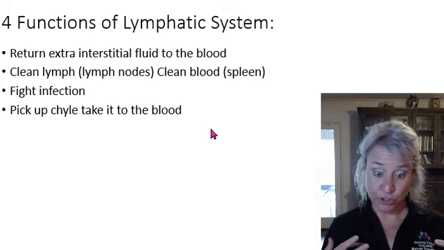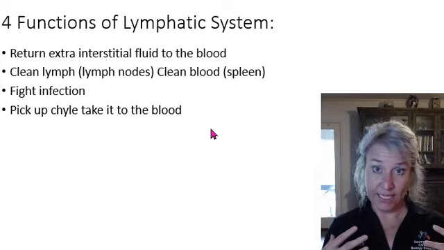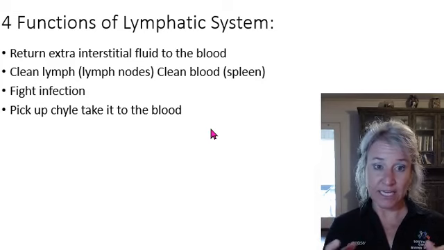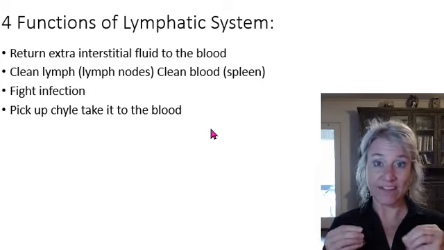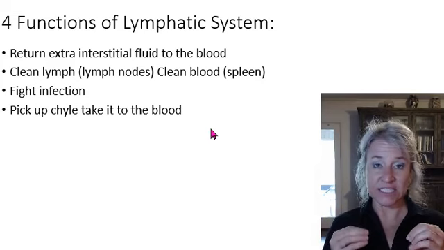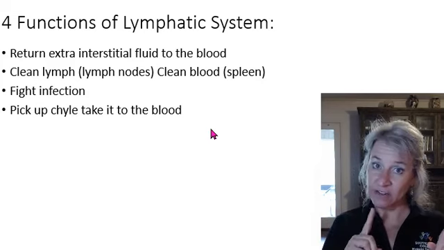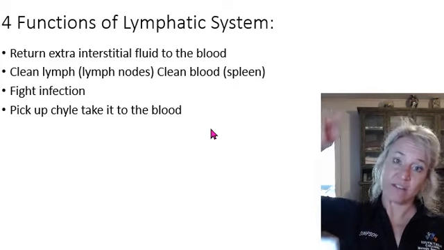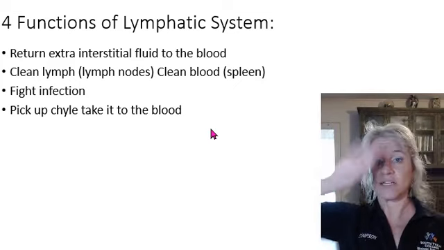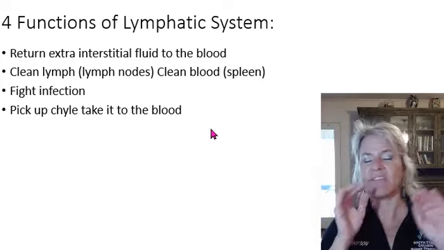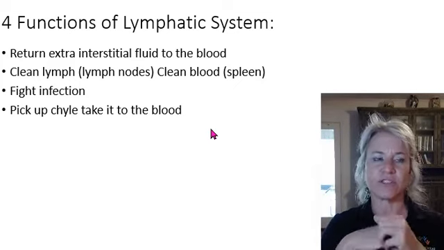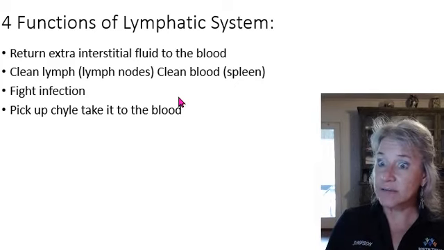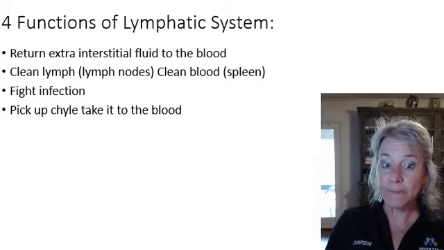And that is true for everything except for fat. So fat gets picked up by these little lymphatic vessels, lymphatic capillaries, does not go to the liver, and gets taken directly to the blood instead of going to the liver. Everything else, though, all your other nutrients, goes to the liver to be processed. Okay, so 4 functions of the lymphatic system. That's going to be a test question.